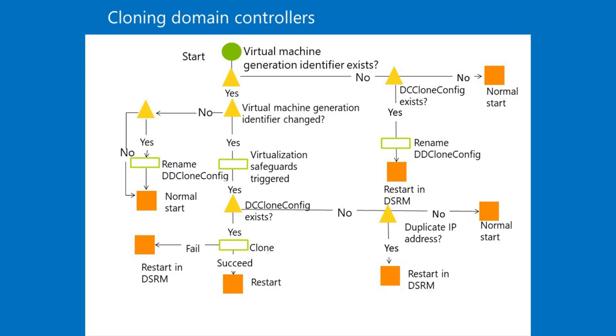Creating the virtual domain controller clones. To create the virtual domain controller clones, follow these steps. 1. Ensure that the domain controller, which holds the PDC emulator FSMO role, runs on Windows Server 2012 or later. 2. Ensure that the PDC emulator and a domain controller hosting the global catalog are online. 3.